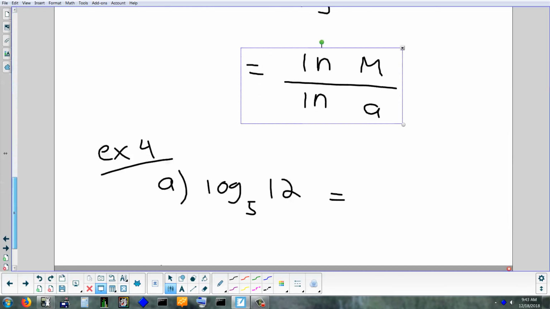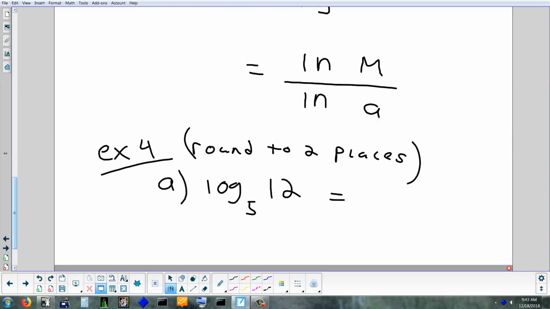Let's try it. So I want to know what the decimal is. We'll round to 2 places. Okay, so first thing I need to do is rewrite that. I don't have a button on the calculator for base 5. So I can rewrite it as a fraction. And what would go in the top?